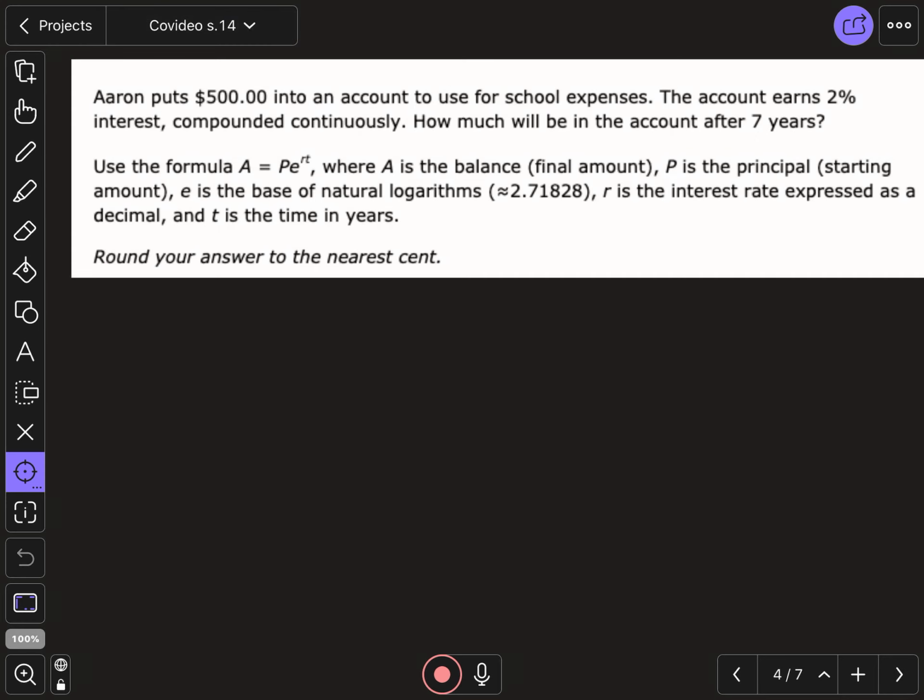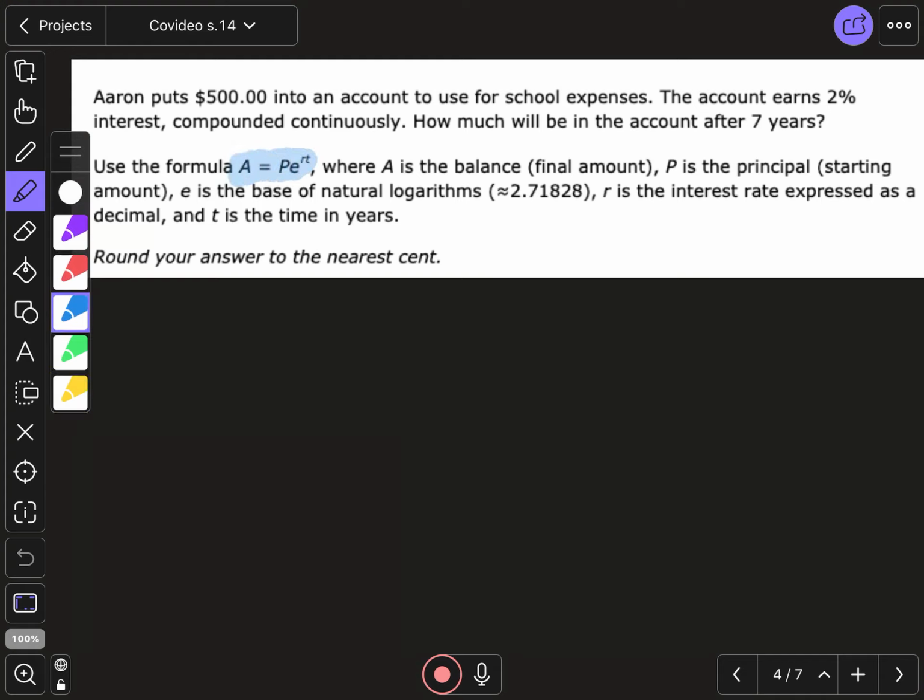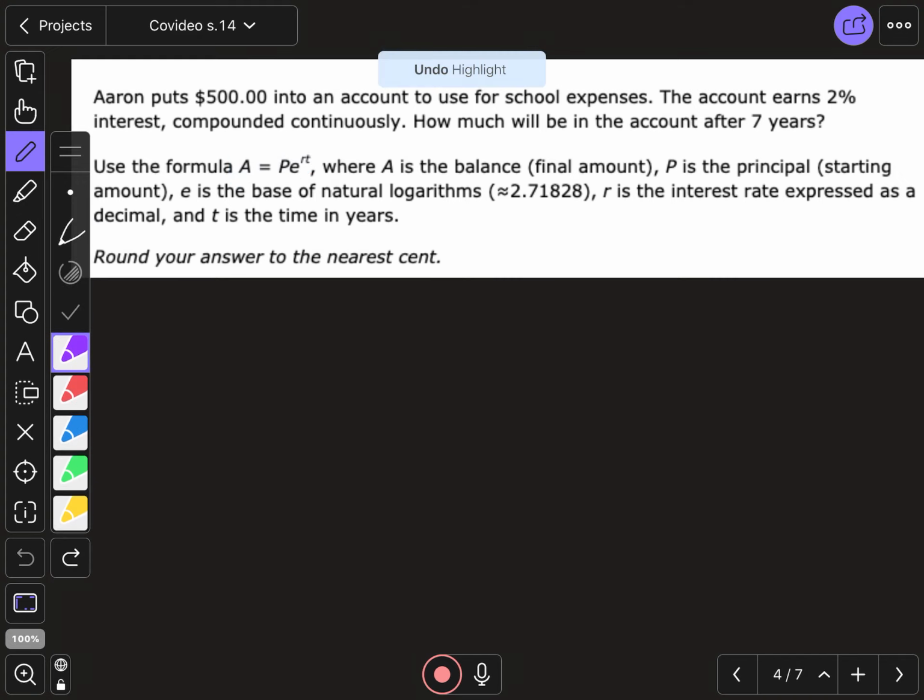So we're talking about using this idea of continuously compounding here. When you see this word continuously, we have a new formula that goes with that. It's similar to the one we were just using. Instead of A equals P times 1 plus r over n to the nt, now that n is a number that just keeps getting bigger and bigger because we're compounding more and more, we can't use it anymore.